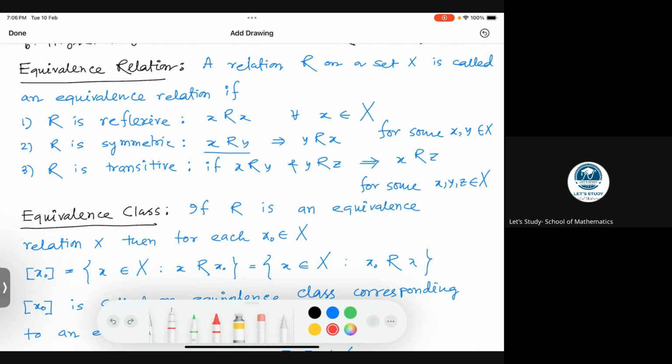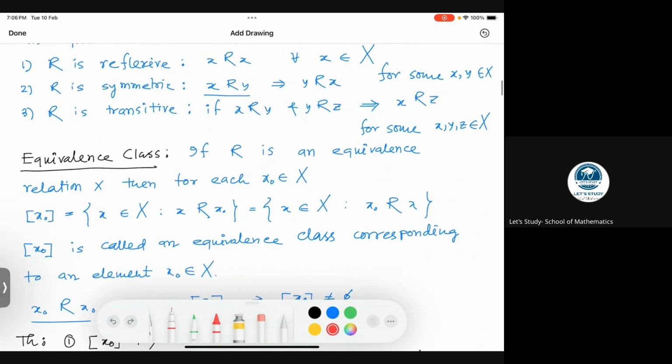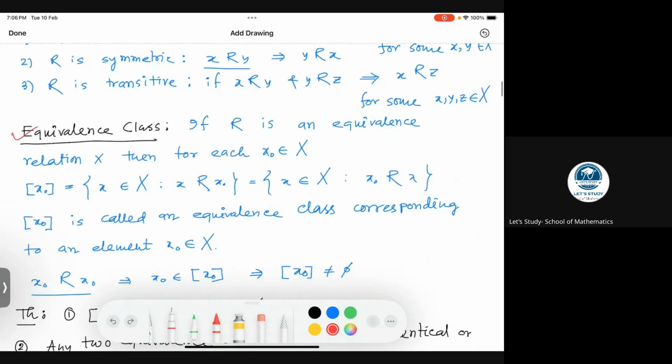So now observe. Okay. Now see, what is an equivalence class? If I have an equivalence relation on X, so I need an equivalence relation. Okay. So I think everyone knows what a set is, right?